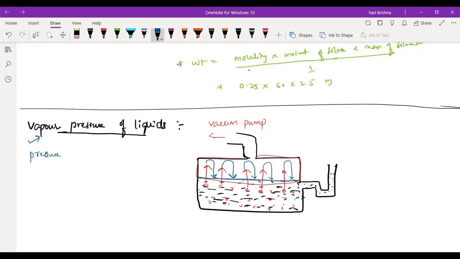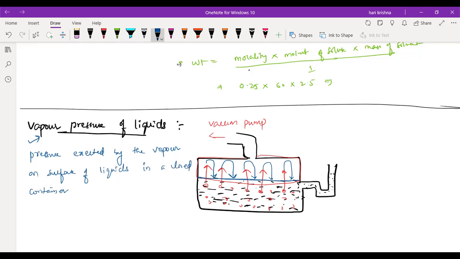Any doubts in this? So this is the definition part.